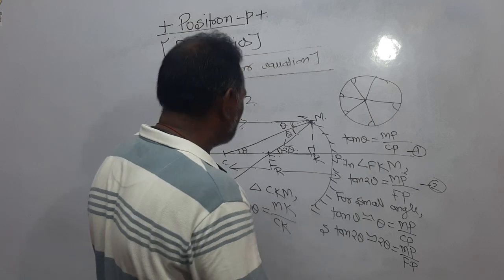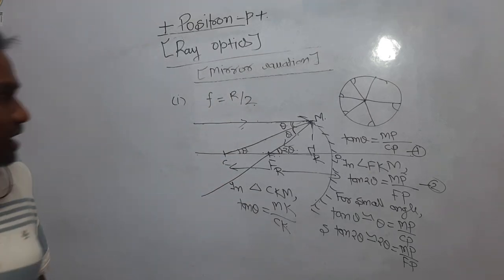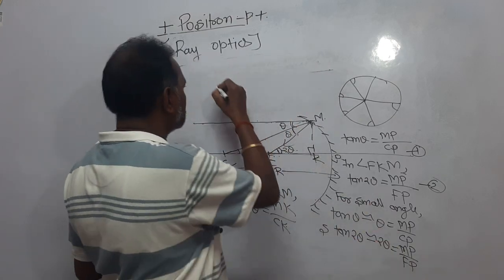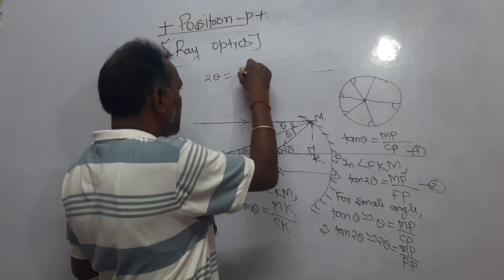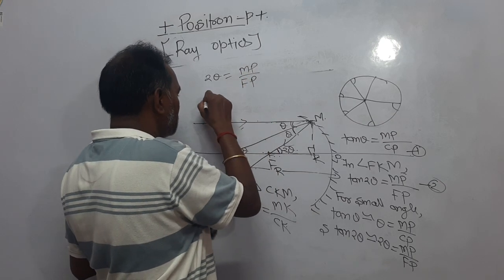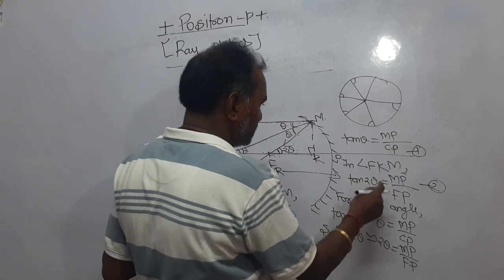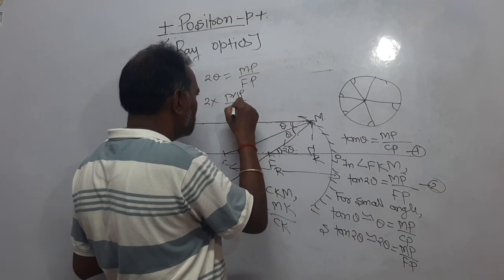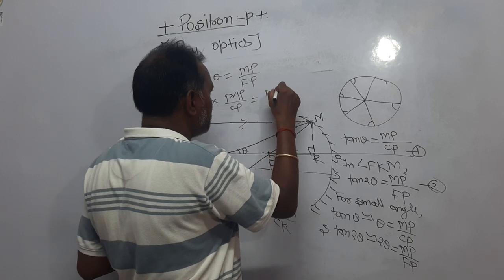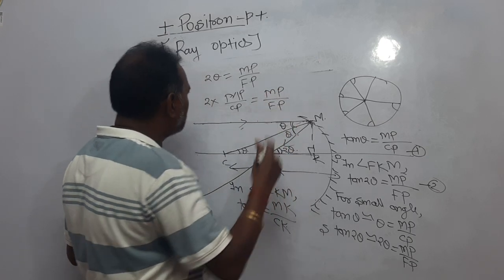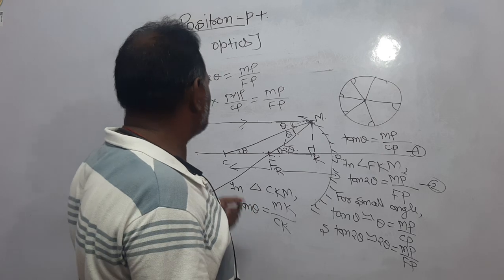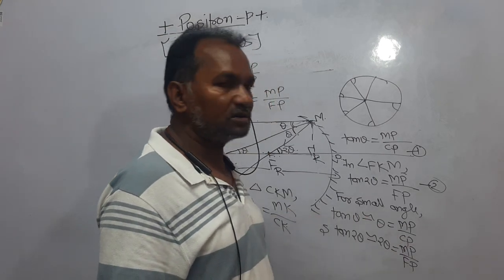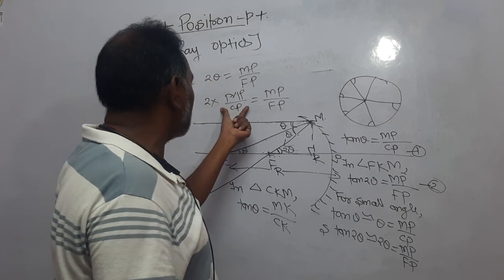Now dear student, please look here, 2 theta equals MP over FP. Just replacing theta, here theta is equal to MP over CP, so 2 times MP over CP is equal to MP over FP. What have I done? Nothing special. 2 theta was that, and theta we had already found as MP over CP, so I have replaced theta by this value.